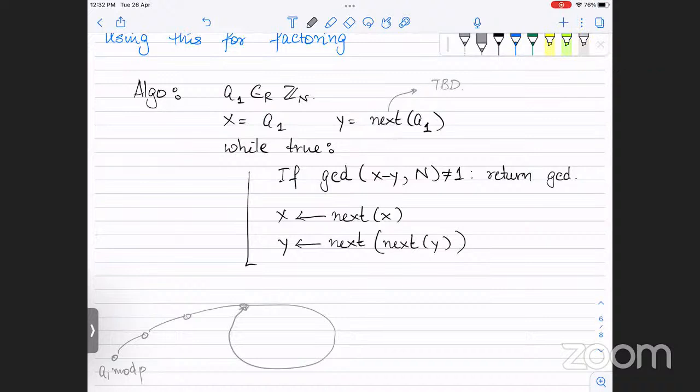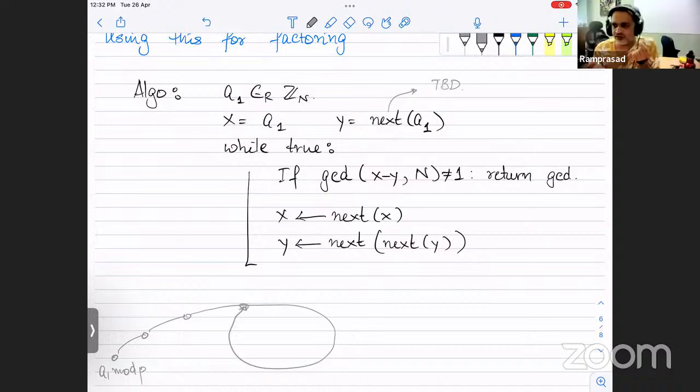You want to find 2 different Ai and Aj such that Ai and Aj are both the same mod P. Once you know that they are the same mod P, this GCD will give you something non-trivial.